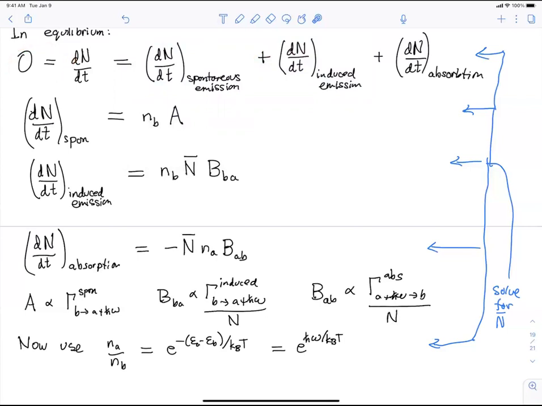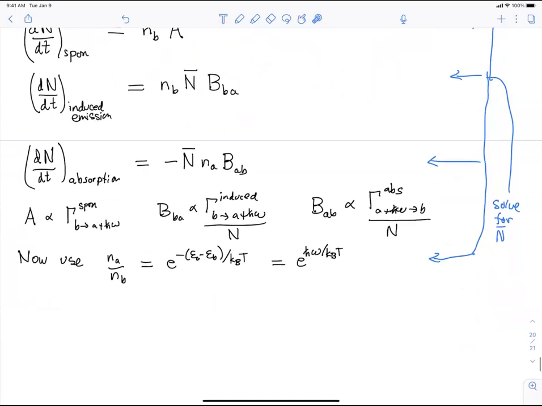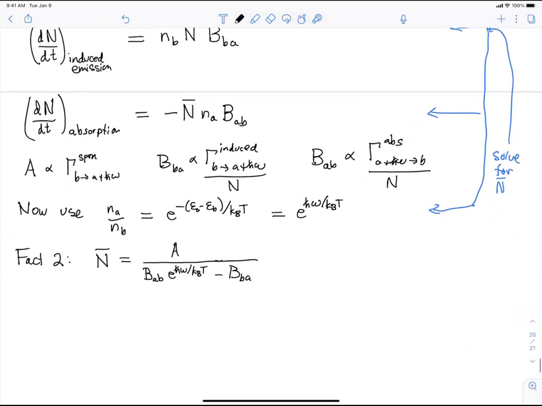That's enough equations to solve for n bar. Okay, and so I'm going to call this fact number 2: n bar is equal to, when you solve those equations, the A coefficient divided by the BAB coefficient, e to the h bar omega over k Boltzmann times temperature, minus B sub BA. Okay, so that's fact number 2.